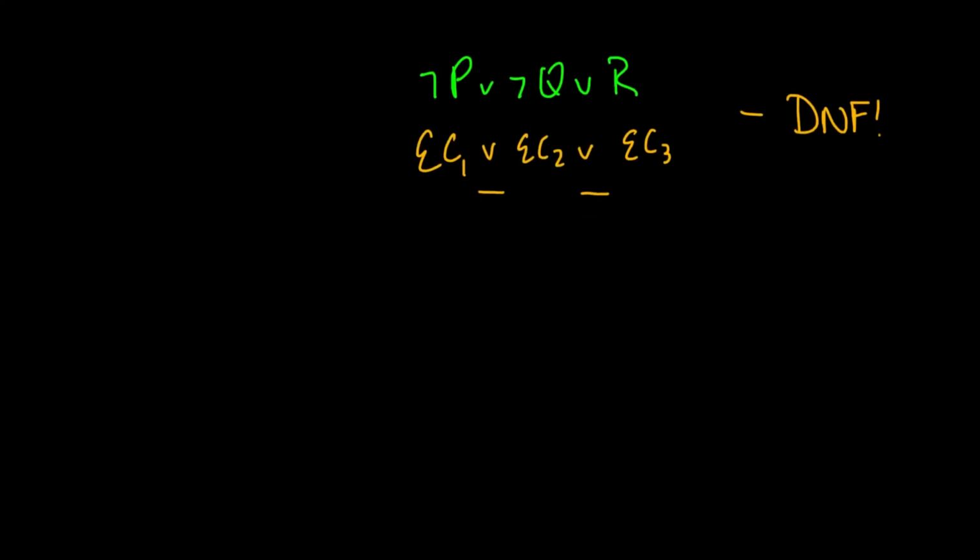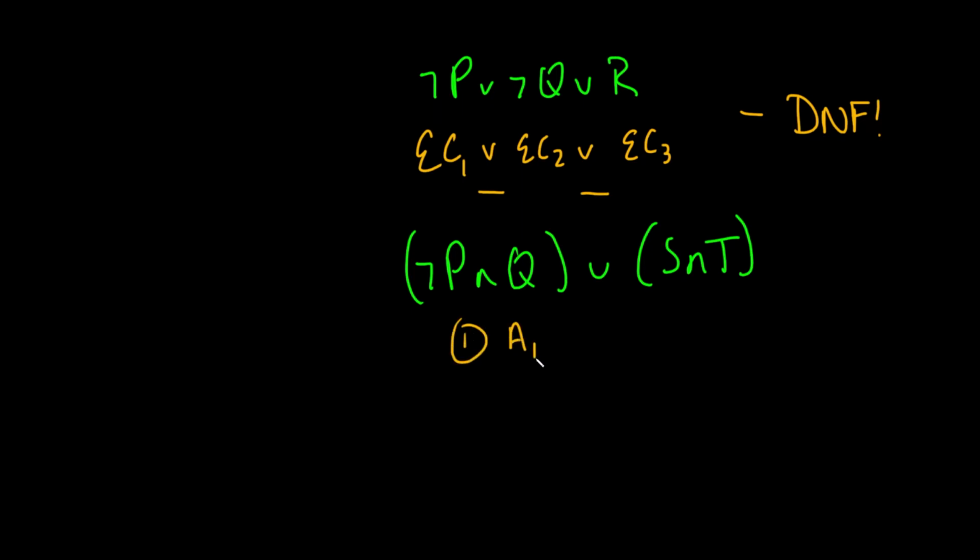Let's look at another example. So let's say we had not P and Q or S and T. The question is if this is in disjunctive normal form. Now, if you look at this, a formula is in disjunctive normal form in one of 2 cases. One is if it is an elementary conjunction. Well, the formula is not an elementary conjunction, so that case wouldn't apply.